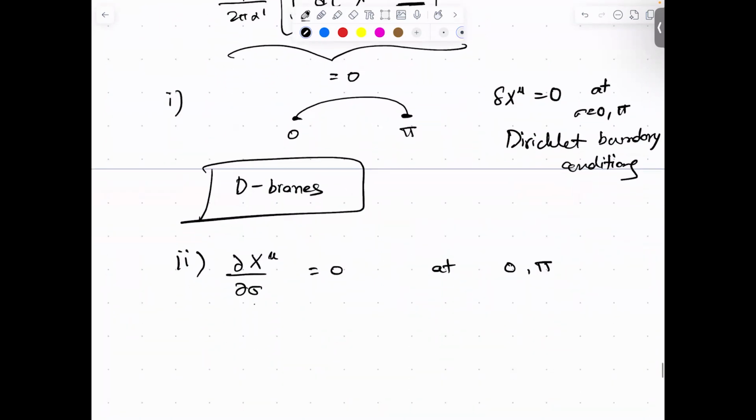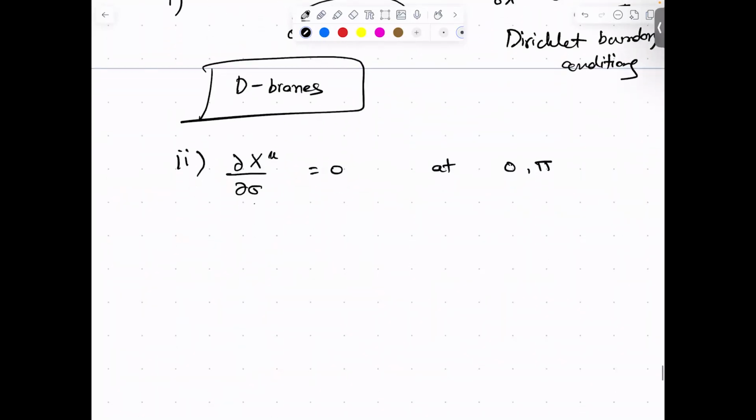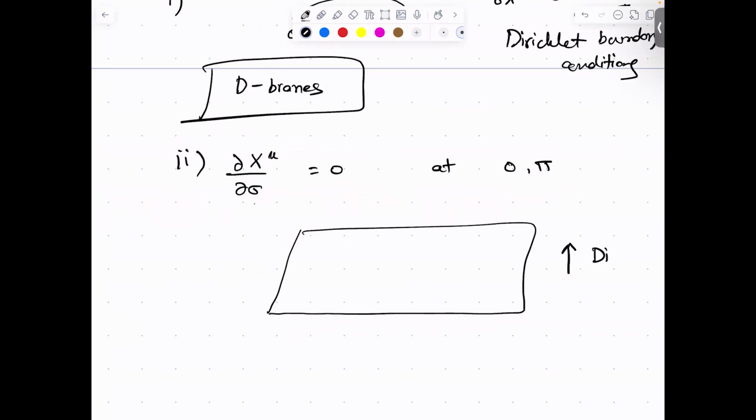I can make this a bit more intuitive in the sense that if you think of a plane, so up there, I imposed Dirichlet boundary condition. This is called Neumann boundary condition. It really means, can the string go up? No, right?